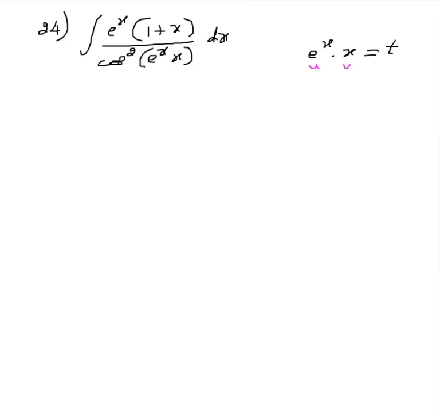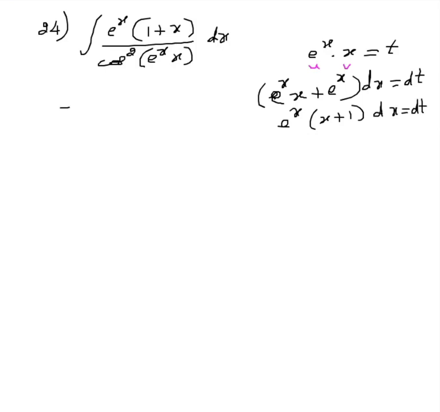U dash v plus u v dash. U dash is differential of e power x is e power x into v plus u v dash, differential of x is 1 into dx is dt. Here we can take e power x common and we get x plus 1.